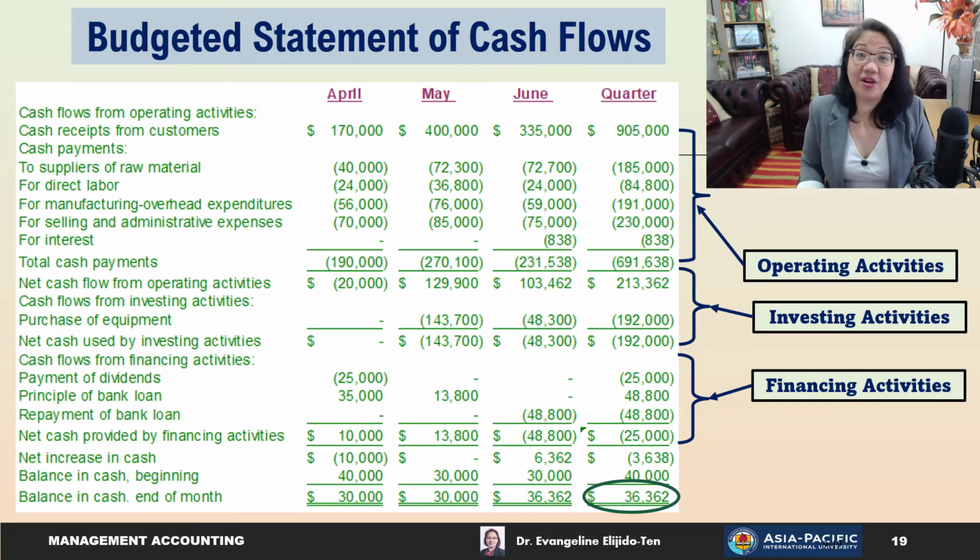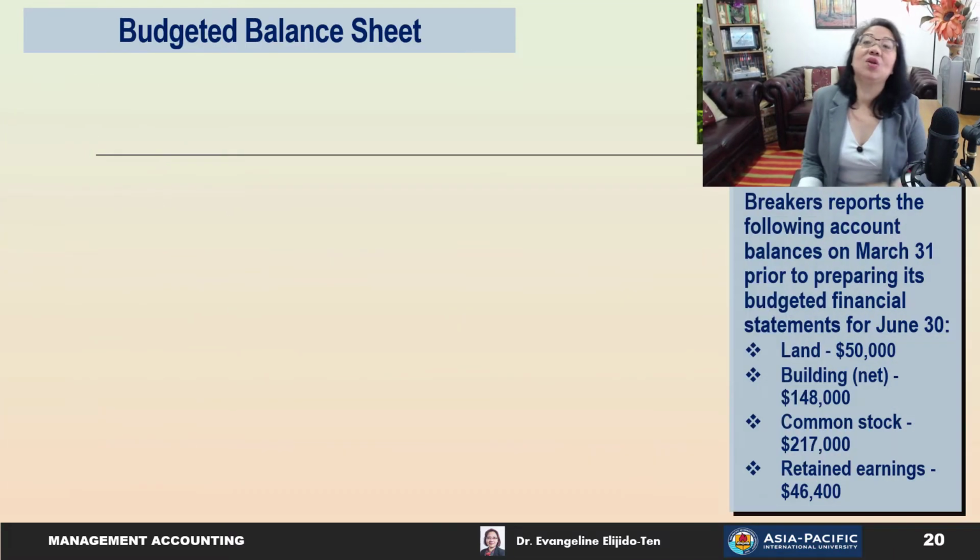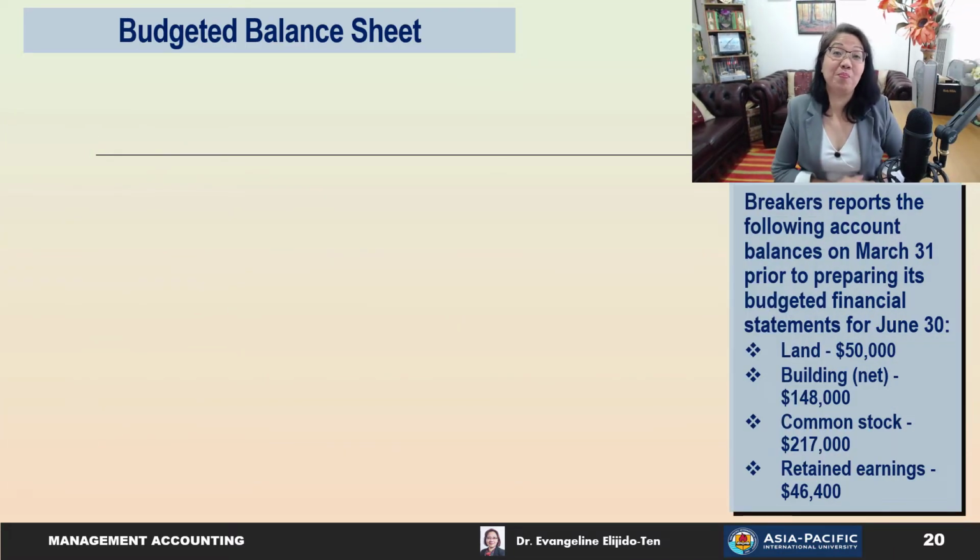Now that we have prepared the budgeted statement of cash flows and the budgeted income statement, we are ready to prepare the budgeted balance sheet. Account balances for the property, plant, and equipment and the stockholders' equity accounts are needed before preparing the budgeted balance sheet.